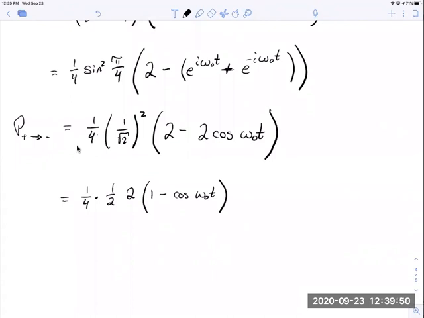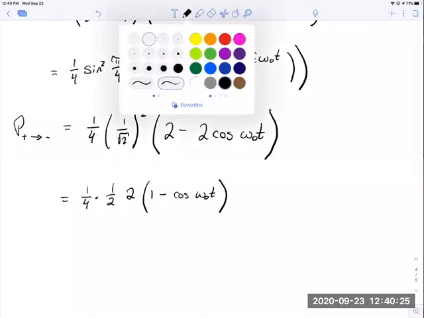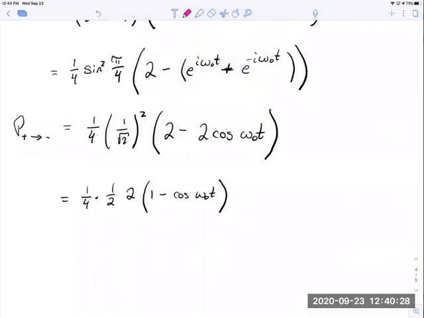One thing I do know about useful trig identities is that 1/2 minus 1/2 times the cosine of 2A is equal to the sine squared of A. So I'm going to factor out this 1/2.